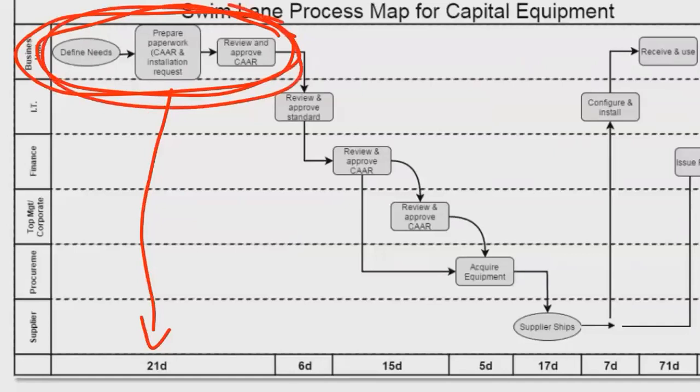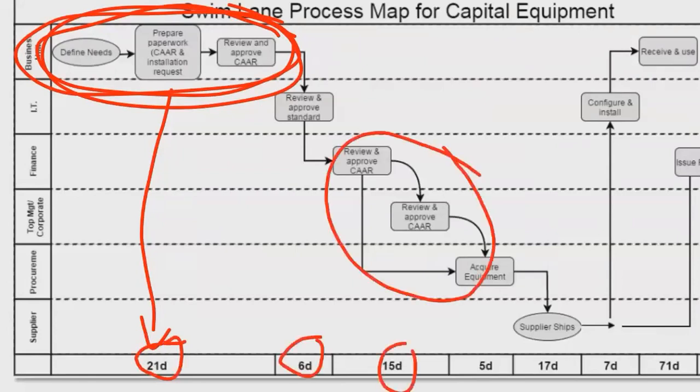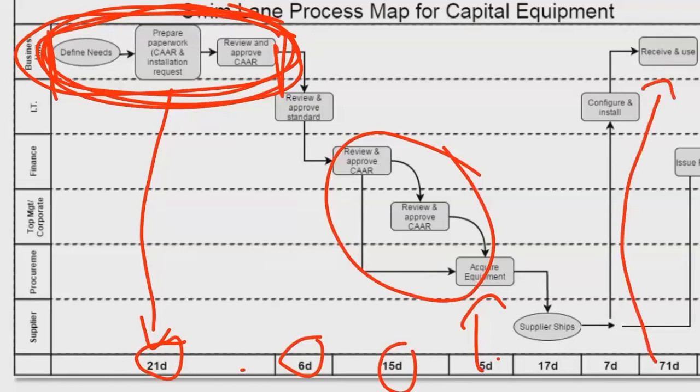Which, okay, might lead team members to go, if we have to focus our limited time and resources on just a few areas for improvement, this 21 days is much bigger than the 6 days or the 15 days of activity happening in here or the 5 days happening here. But because the timelines are typically drawn to the scale of the actual steps as drawn out, team members can sometimes slip into the trap of not seeing very impactful steps that are just a single box.